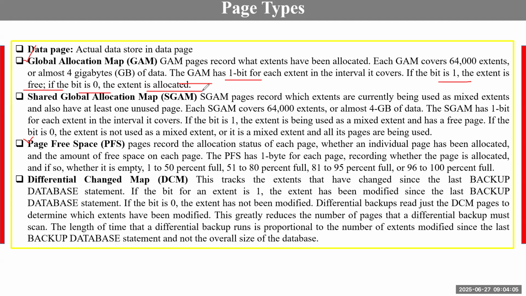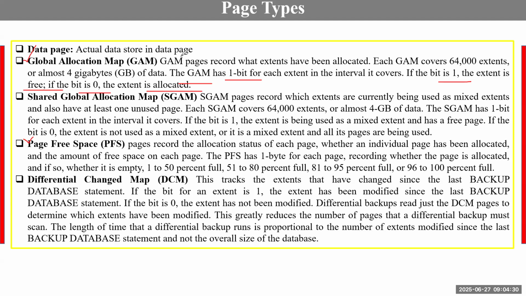If the extent bit is 1, this extent is free, I can allocate it. That is how Microsoft is tracking the extents. So the GAM page is extent allocation. The PFS page is database usage information, free space information.